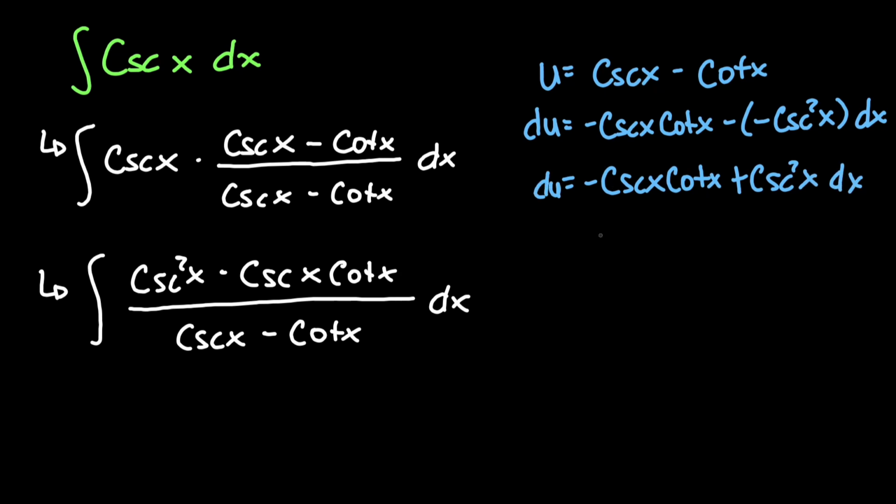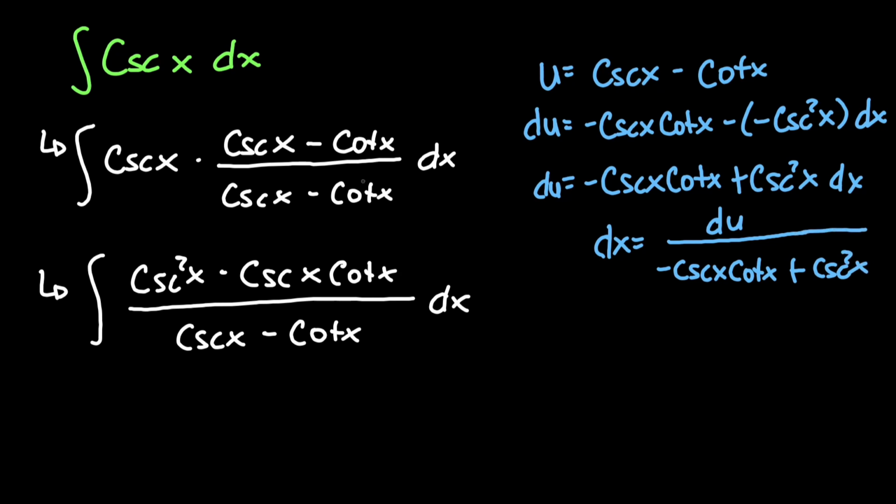And so, getting the dx, we will have du over negative cosecant x cotangent of x plus cosecant squared of x.